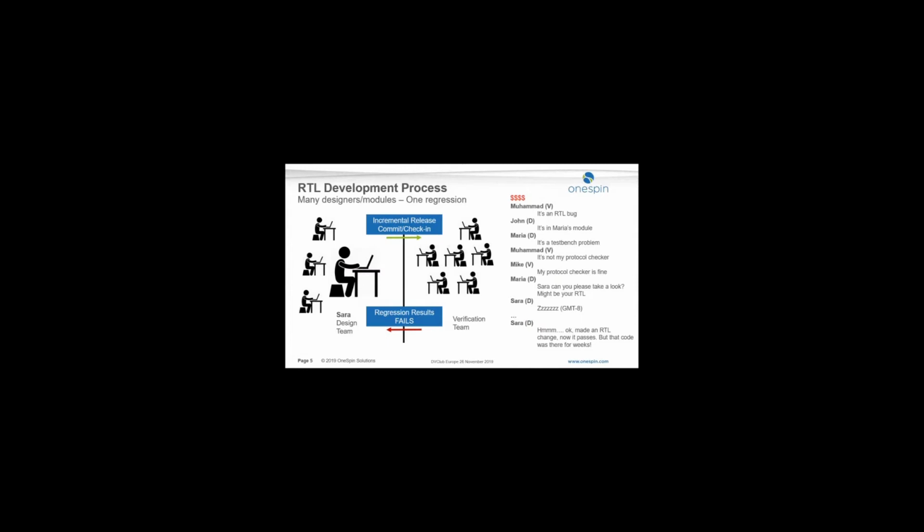In a different, more complex scenario, we could have many designers and maybe a verification team that was building a big test bench with lots of tests. This is actually a very usual scenario. When a designer checks in some code, it will go into this bigger project. And then when the verification team runs the big regression and some fails turn up, there's going to be potentially a lot of communication going on to sort out fails.